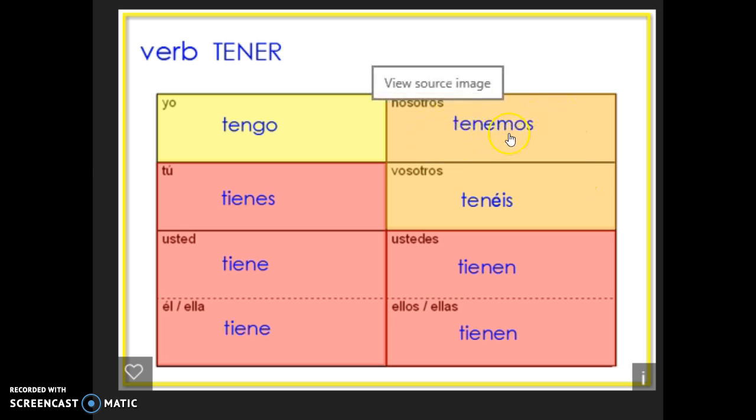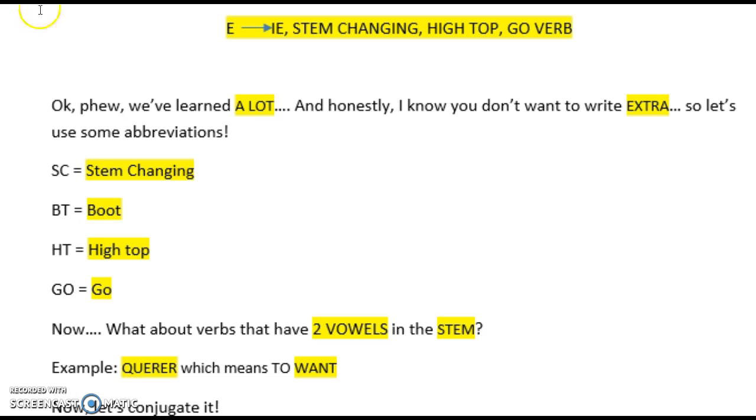No change occurs outside of the stem, in your first person plural and your second person plural box. So once again, take a look. There's no change happening with the E in your first person plural and no change happening with the E in your second person plural. Please make sure that you have written on your notes that tener is an E to IE, stem changing, high top, go verb.